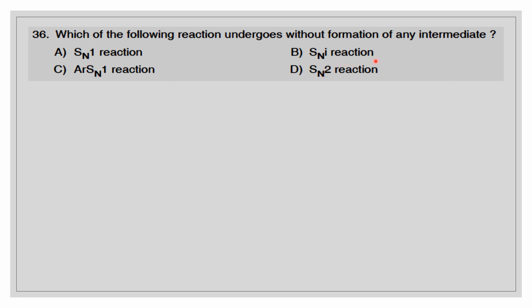In the case of SN2 reaction also, you are having an intimate ion pair as the intermediate. But in the case of SN2 reaction, you are not having any intermediate because that is a concerted reaction which involves only the formation of a transition state, not an intermediate. Therefore, the answer to this question is definitely SN2 reaction.